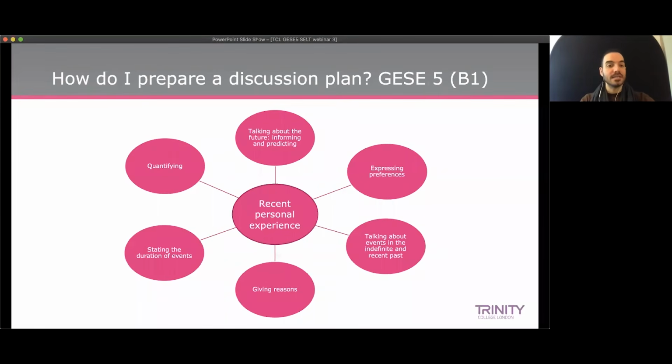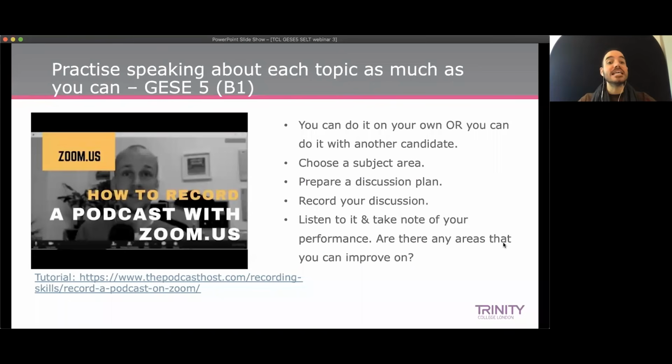When you do this, it will be easier for you to contact another person. Use whatever communication platform you want. You can use Zoom, Skype, WhatsApp, Facebook, FaceTime, whatever you like.